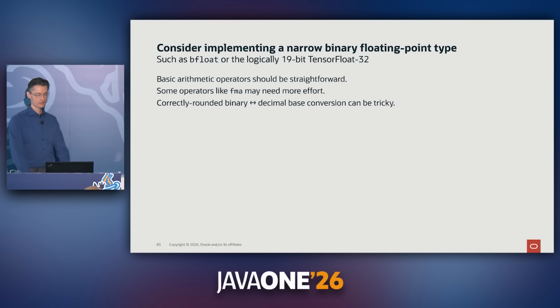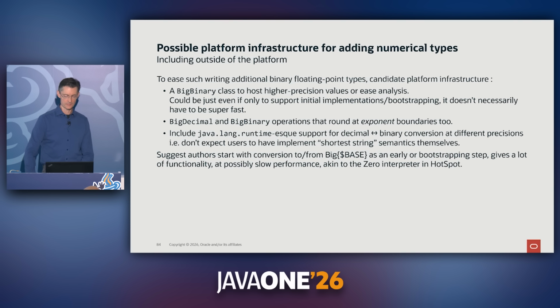In particular, if you wanted to implement something like that 19-bit format that we saw earlier, some of the basic operations would be straightforward, but if you wanted to support something like FMA, that would require more work and more thinking, and getting base conversion correct could be tricky.